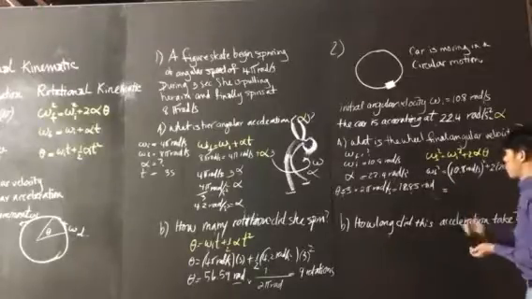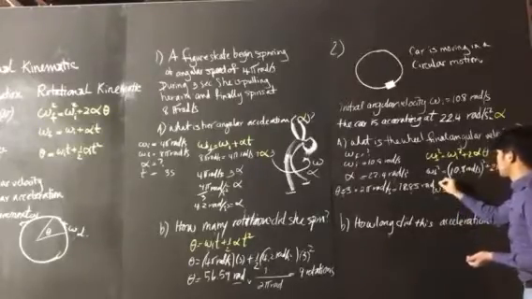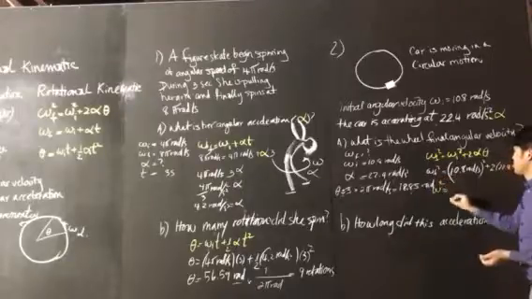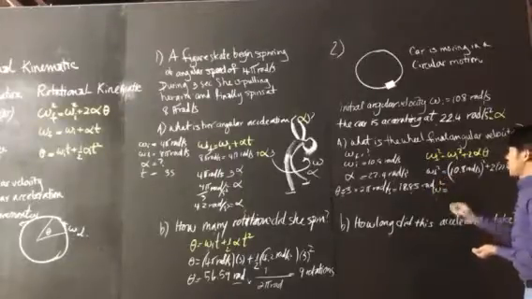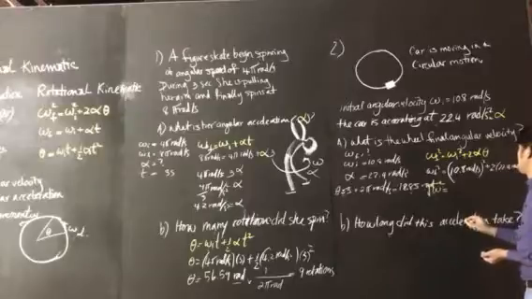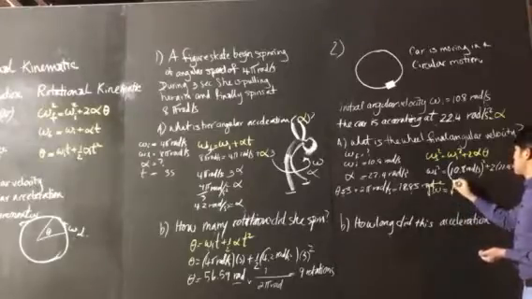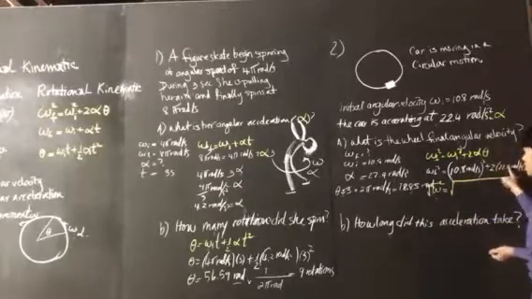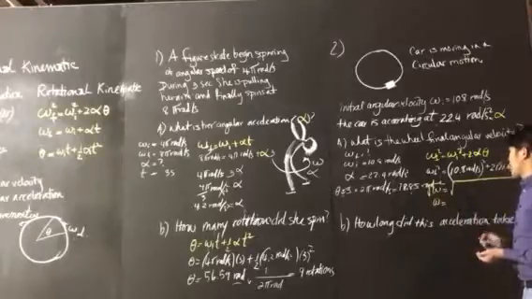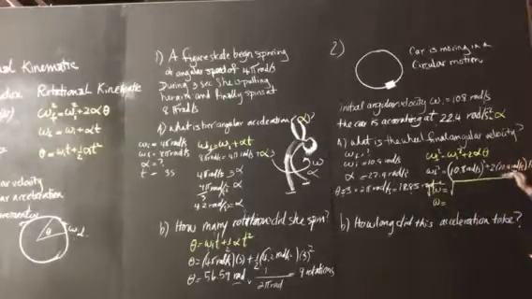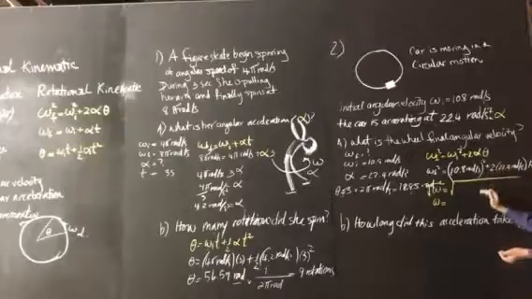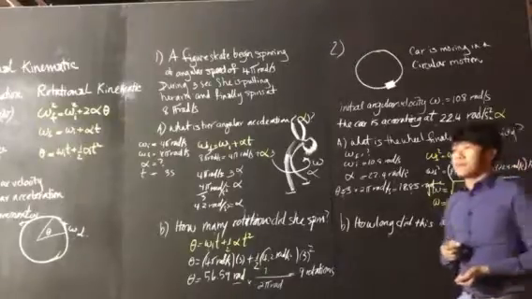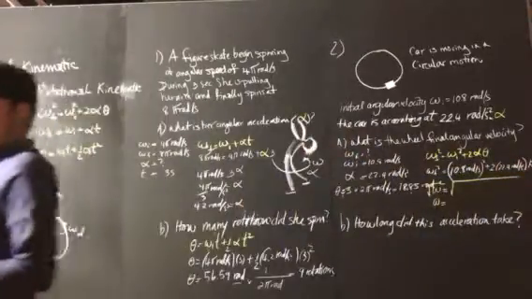So now you're going to have to solve this one right here. And to get that, you're going to have to take the square root of the answer from this one. And that should be your answer right here. You can do it either way.